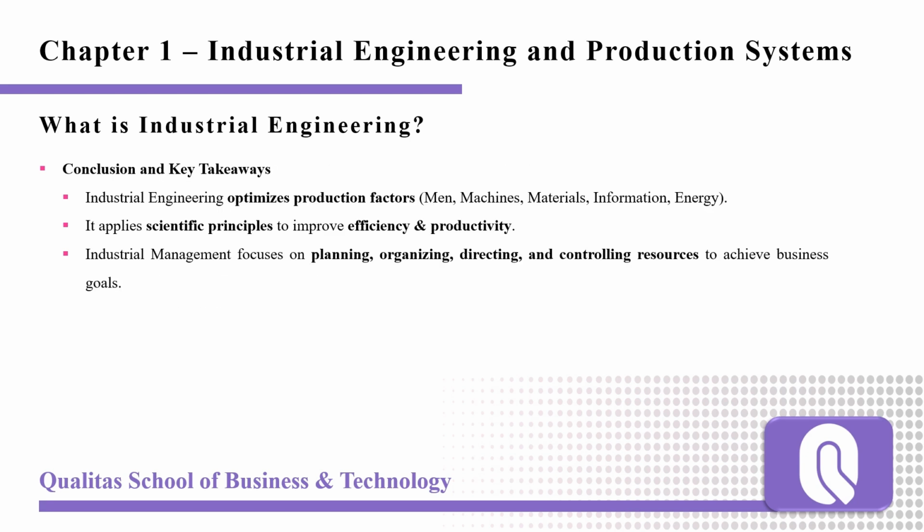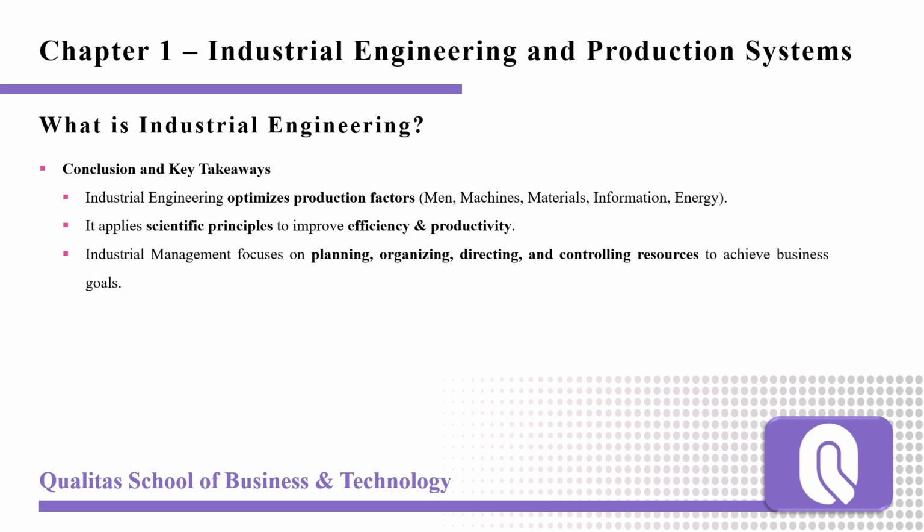So let me wrap up today's discussion by connecting everything we have learned, with some real world experiences I have encountered throughout my career. Think about the way industrial engineering optimizes all those production factors: people, machines, materials, information, and energy.